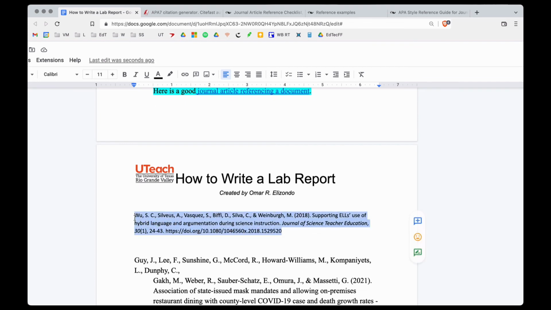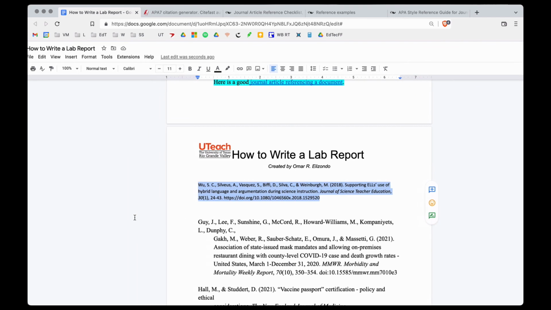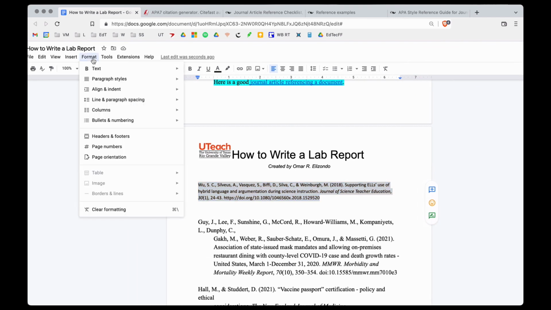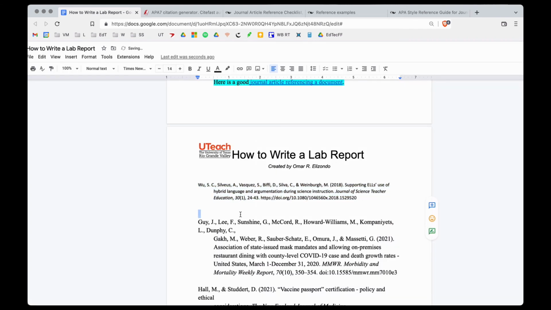We want these to have what's called a hanging indentation. So I'm going to show you how to do that. You need to go to, let's see here, is it Format? Here we go. Yes, go to Format, Indent, Indentation Options, Special Indent, Hanging, Apply. This is how you do it with a hanging indentation.